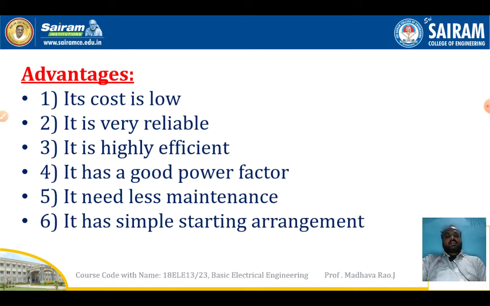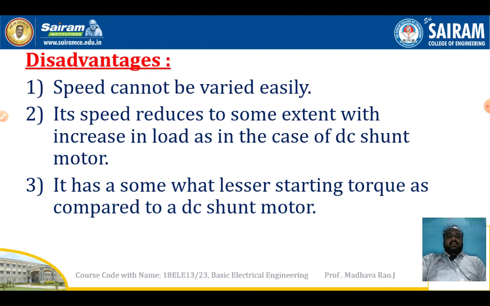Next, what are the disadvantages of three-phase induction motor? Speed cannot be varied easily. It runs at a constant speed. The speed can be reduced to some extent with an increase in load, as in the case of a DC shunt motor. How do we reduce the speed of the DC shunt motor?